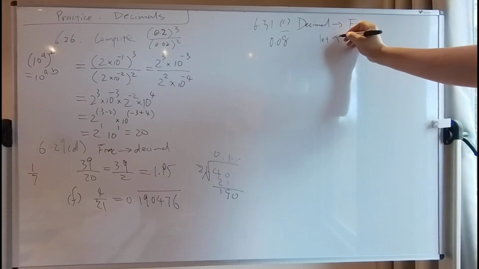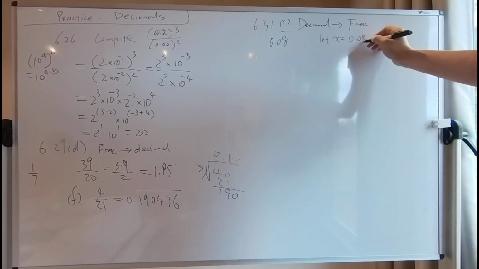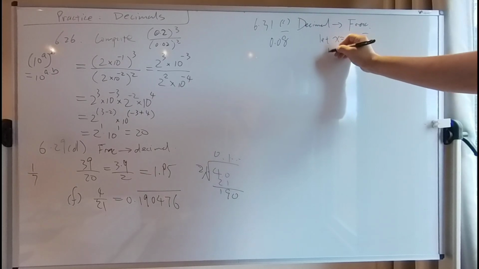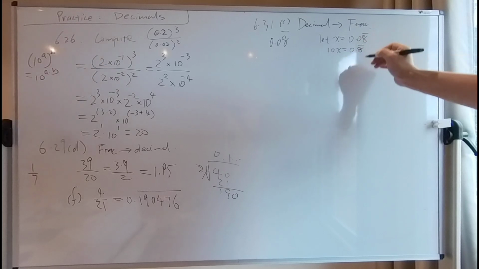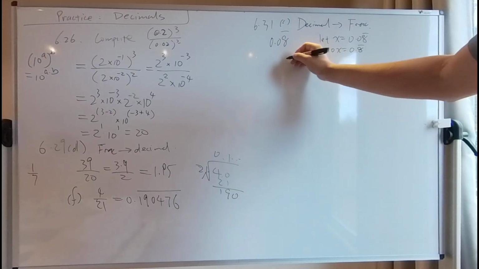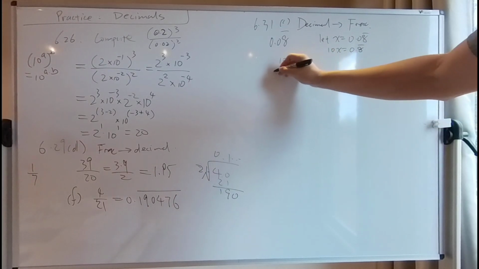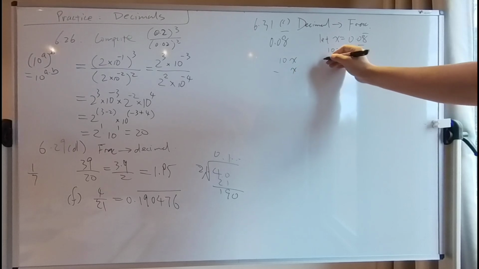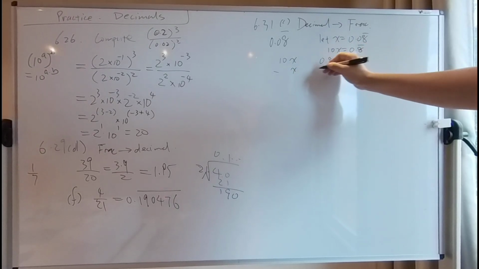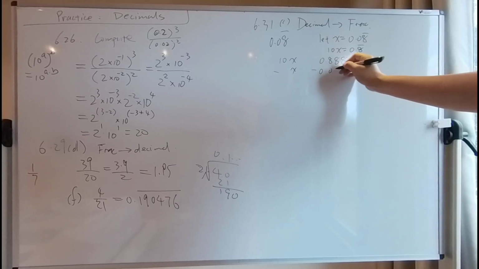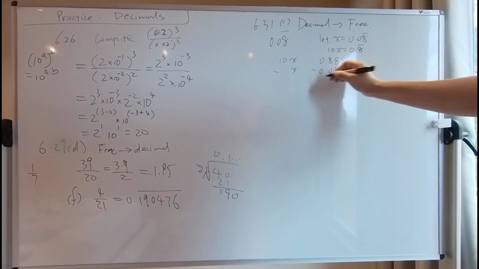I will let x equal to 0.08, 8 repeating, so that 10x will be 0.8 repeating. So what happens if I use 10x subtract x? This is equivalent to have 0.888 to subtract 0.088 repeating.